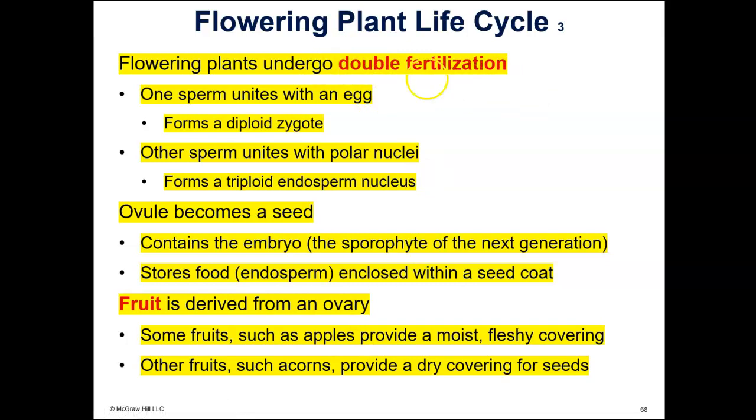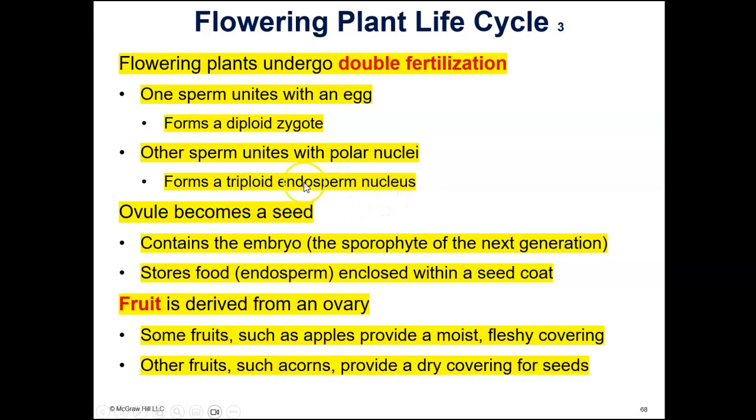One sperm will fertilize an egg, and that will form a diploid zygote, which will eventually become the embryo of the plant and grow into the adult plant. The second sperm will unite with the polar nuclei, and that will form not a diploid or haploid, but a triploid, which means it has 3 sets of chromosomes, a triploid endosperm nucleus.